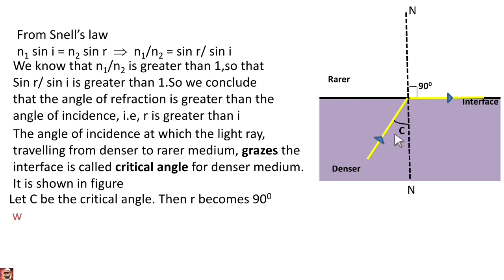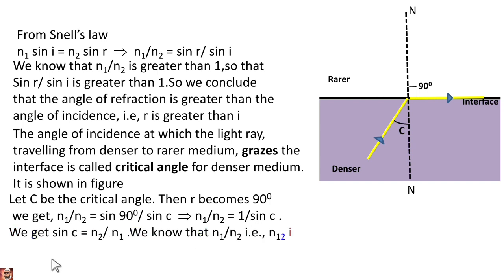We know that n1 by n2 is equal to sin r by sin i. Substitute the values. n1 by n2 is equal to sin r, where r we got here as 90 degrees, for the angle of incidence, that is the critical angle, sin C. So n1 by n2 is equal to sin 90, which is 1, over sin C. So we get the equation n1 by n2 is equal to 1 by sin C. We get sin C is equal to n2 by n1.